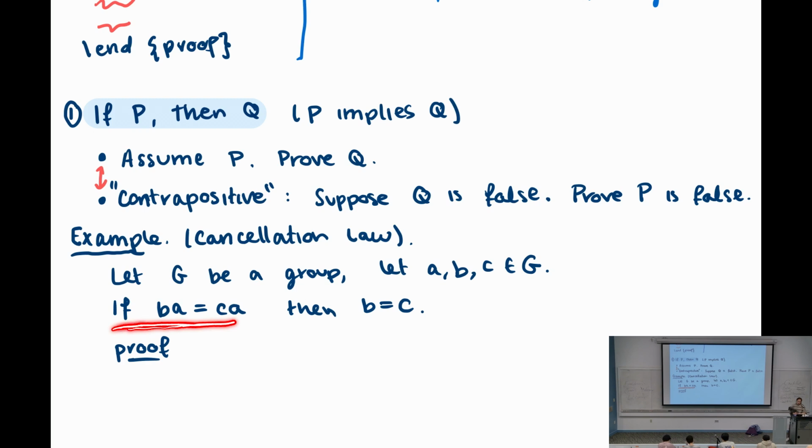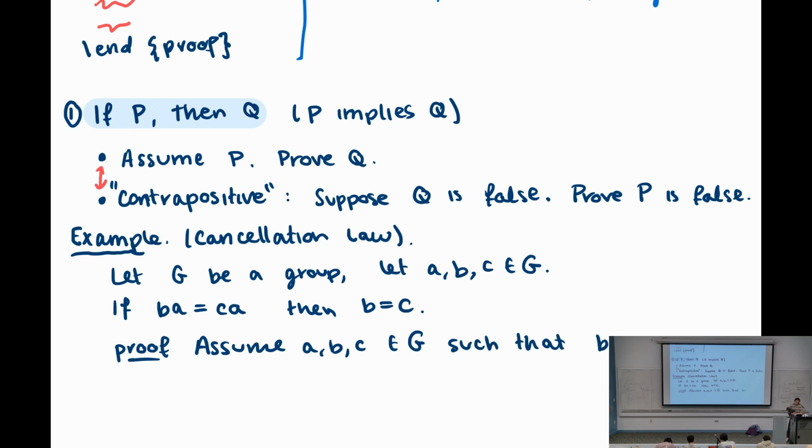And then what we want to prove is that we also then have this conclusion. So we'll assume A, B, and C are elements of G such that BA is equal to CA.